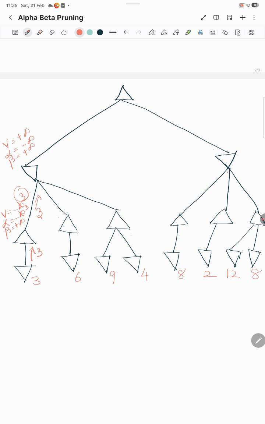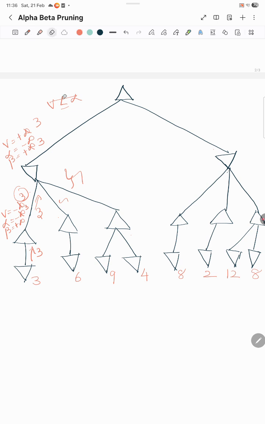Yes, it is lesser than plus infinity, so you can update. Now, to explore the children, what do you check for the min node? Whether v is less than or equal to alpha. Is 3 less than minus infinity? No, 3 is greater, so there is no alpha cut here.